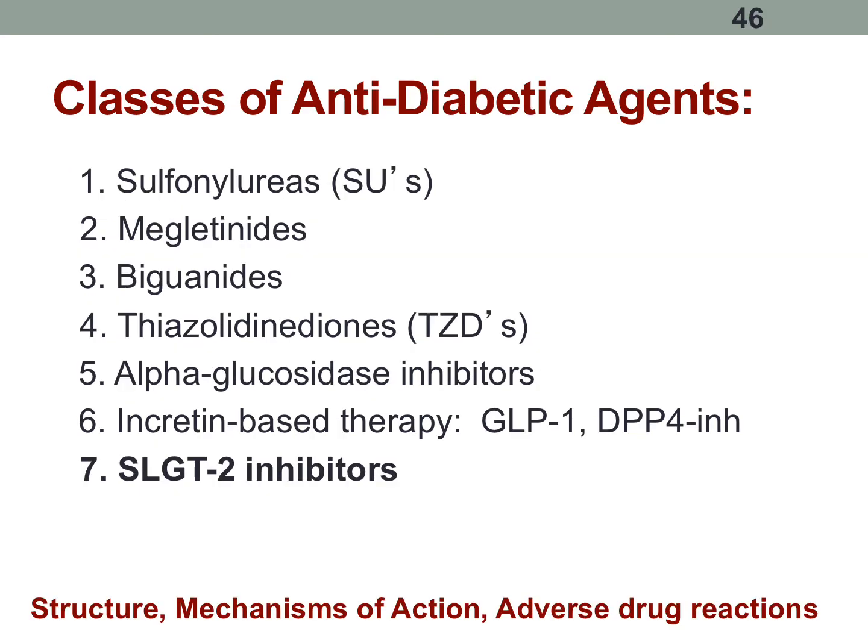So we go to the last of the drugs, no? We go to the SGLT inhibitors. What does SGLT2 stand for? These are the sodium glucose transporters. So you inhibit the transporters for sodium and glucose that you actually find in your kidney tubules.